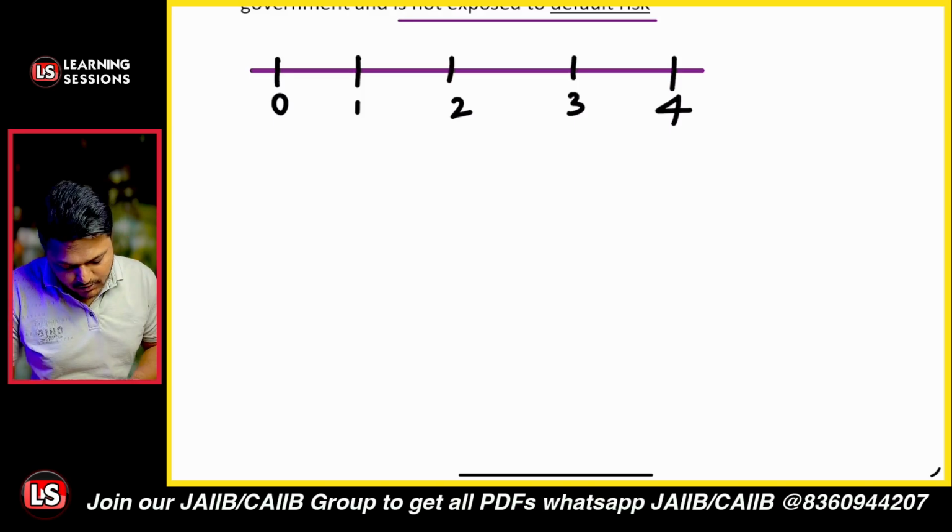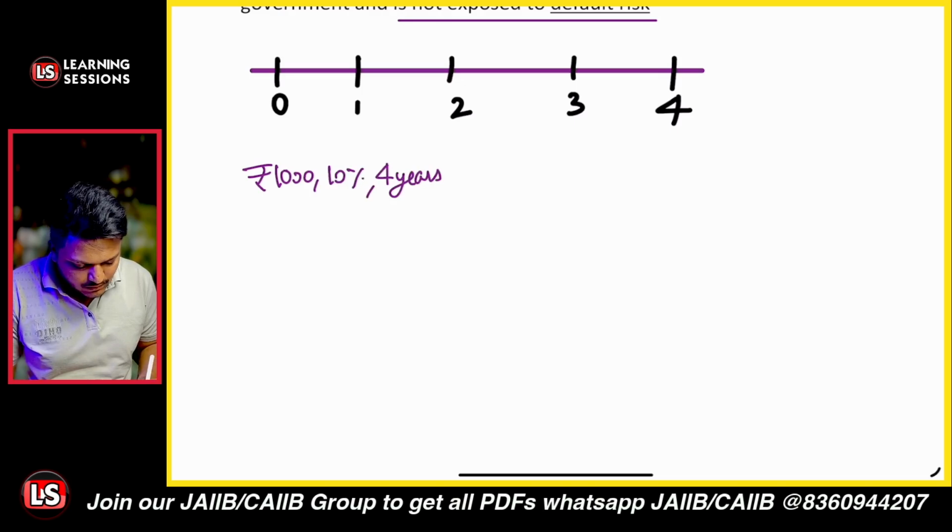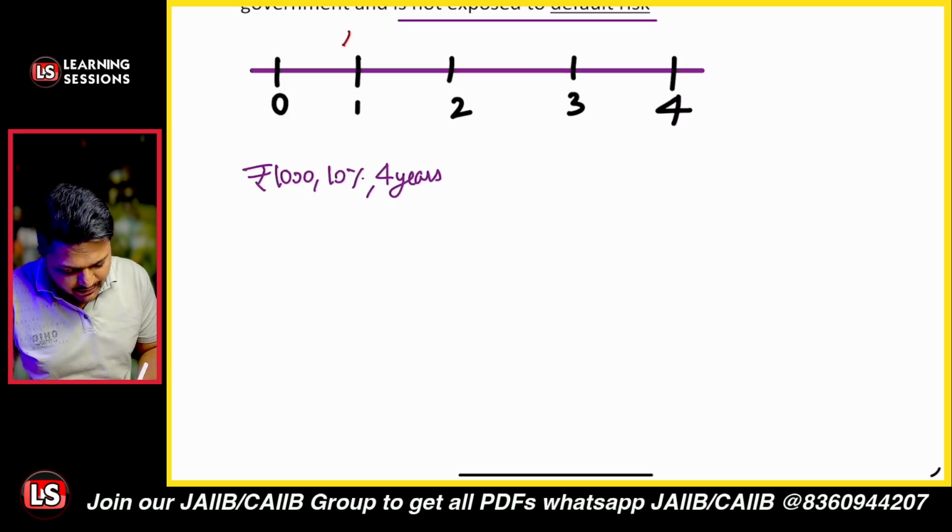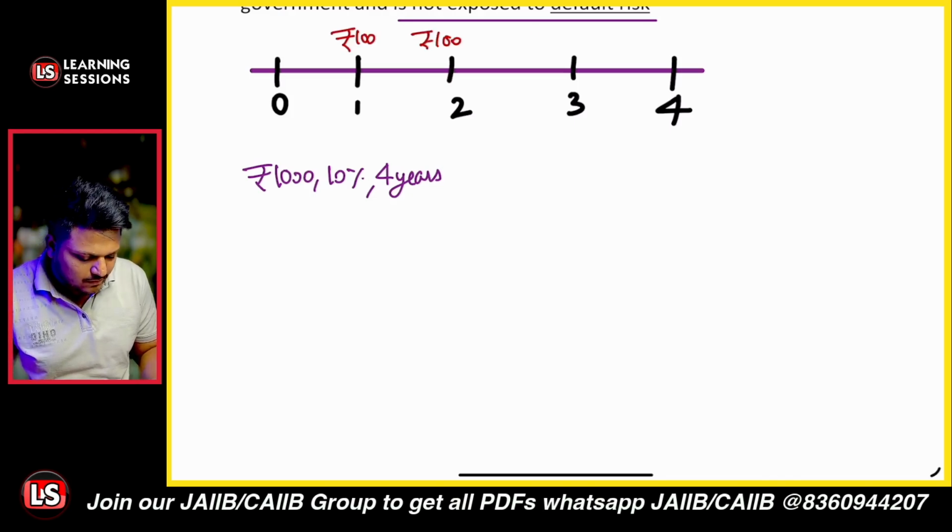It's actually a rupees 1000 bond with 10% coupon for 4 years of maturity. As I told you, in general the person will be getting rupees 100 at the end of every year, right?